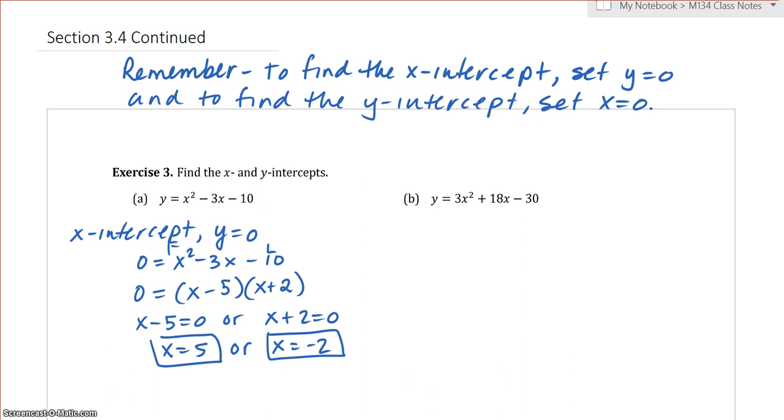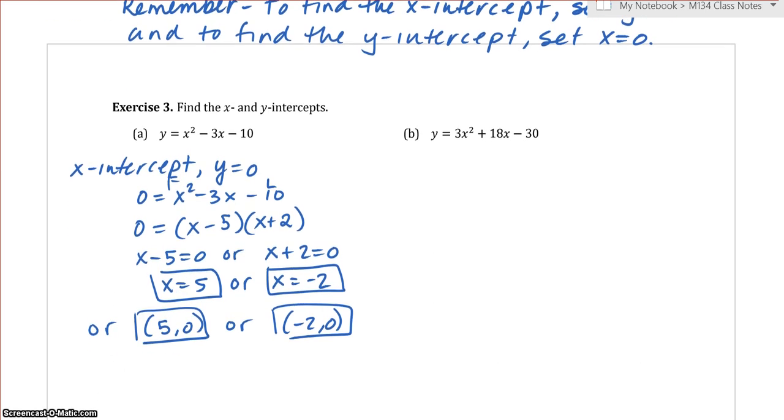Those are the two x-intercepts. Or you can call them as ordered pairs. So it would be (5, 0), because we know that's when the y is 0, or (-2, 0) are the 2 points for the x-intercepts.